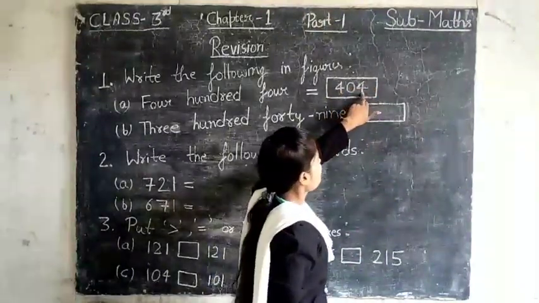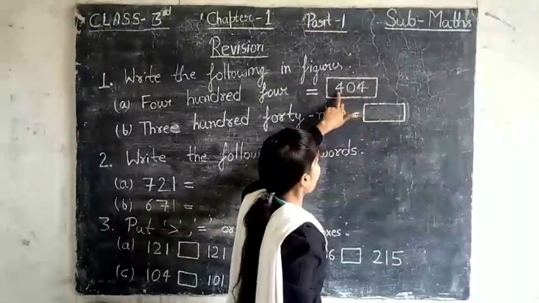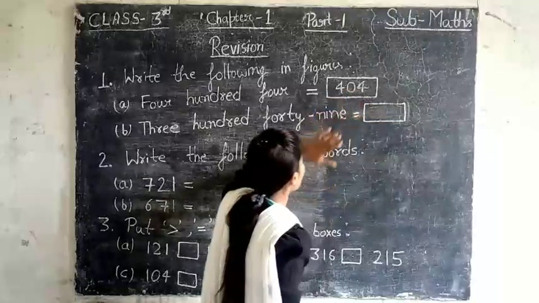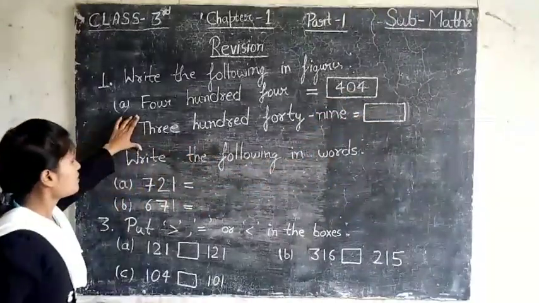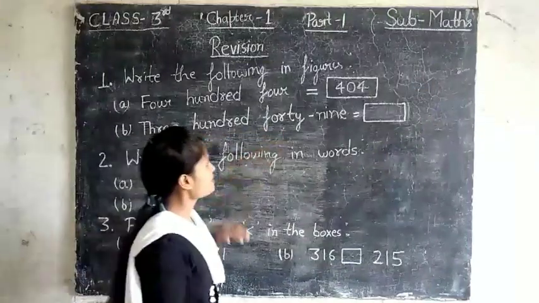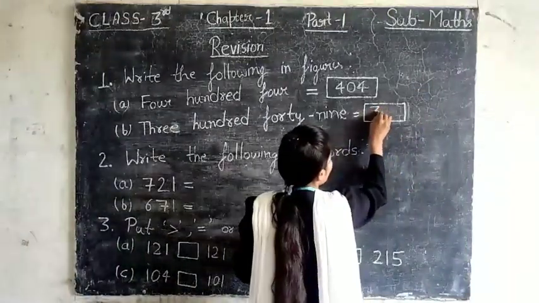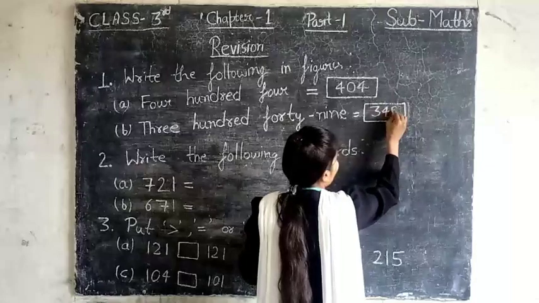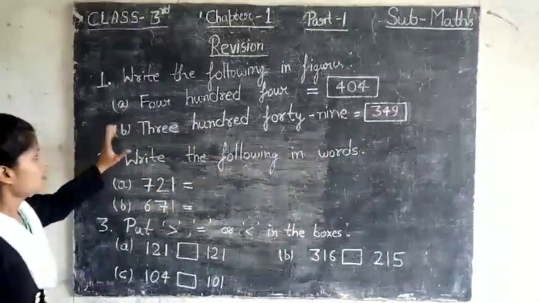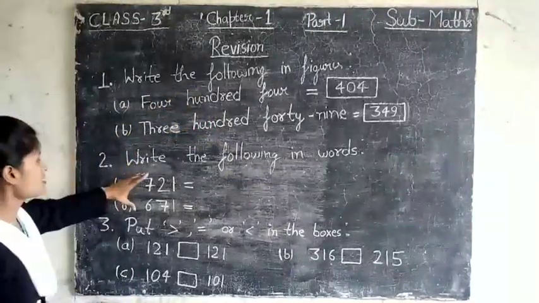Here 4 is ones, 0 tens and 4 hundreds, that is, it starts from right to left. The next question is 349, which is written as 349. So the opposite of this question is here.